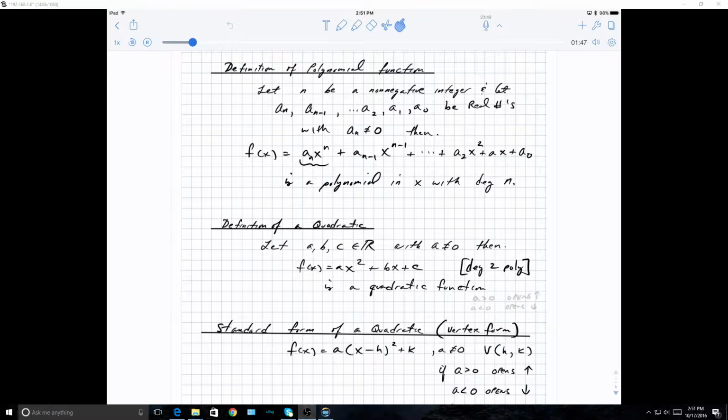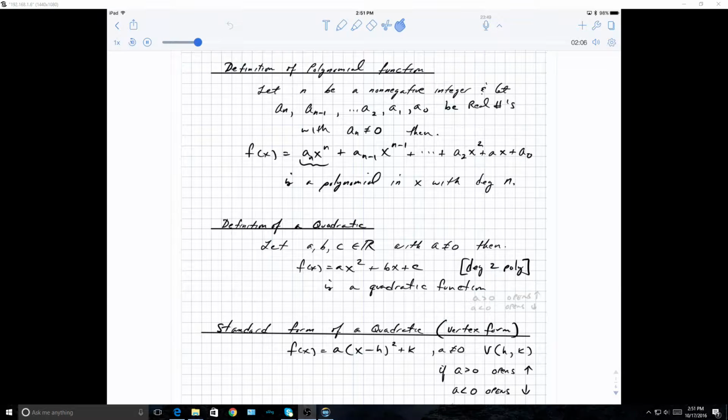The vertex form for the quadratic is f of x, and I've given this in an earlier tutorial, but hopefully this one or an upcoming one will show you how to go back and forth between the two different forms.